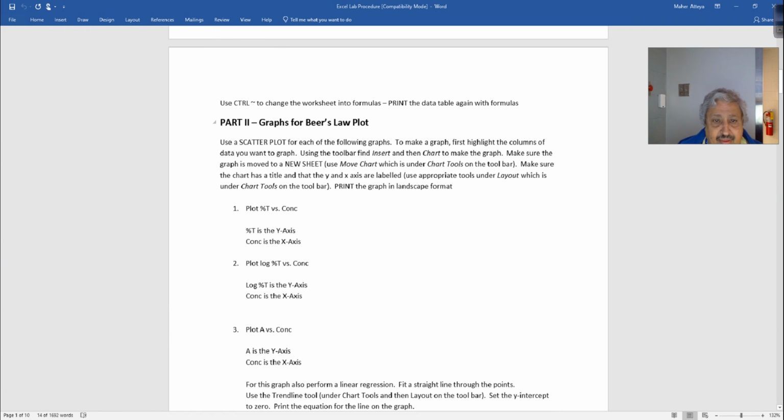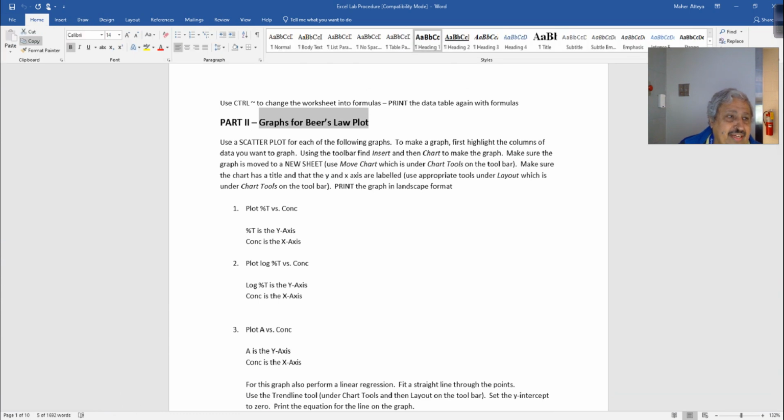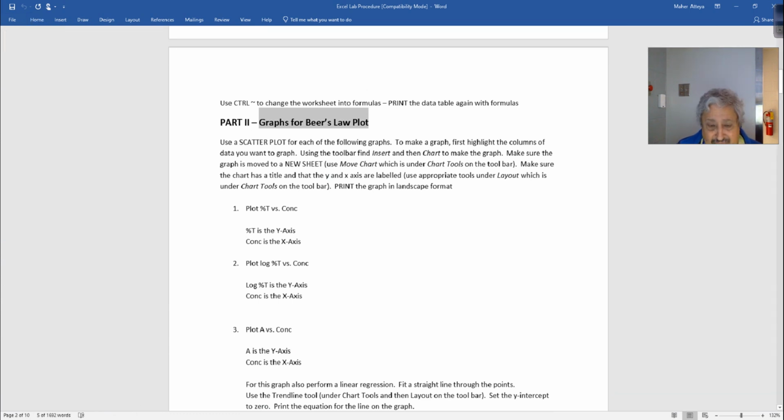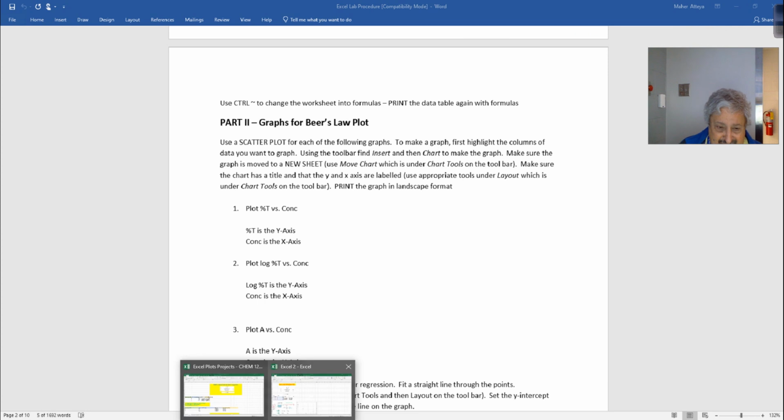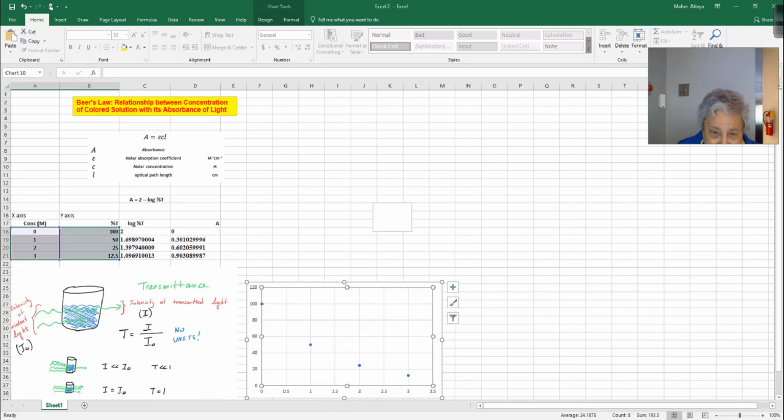Graphs. Let me just copy this. You can copy it there. Sometimes I don't know, the new update is not allowing us to. Last time I did it with the students, there was no problem. So here it is.